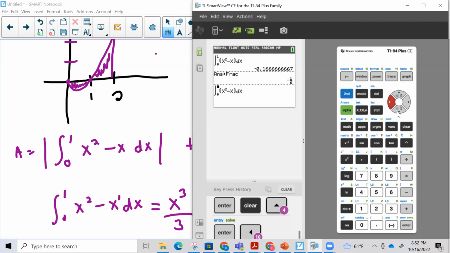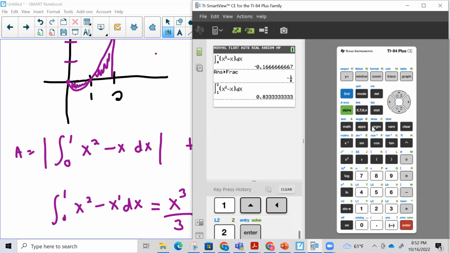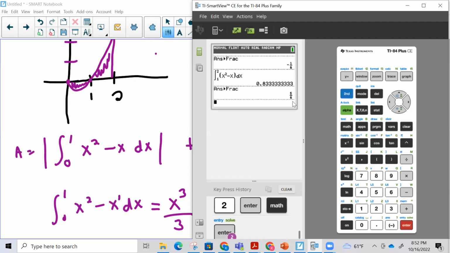And then I can do my bounds from 1 to 2. And then math, frac. So again, I get 5/6. So that's a shortcut to do integrals or to check. But again, you will always be asked to do them by hand on the exam. So you can use it to check yourself, but you need to do the work on the exam.